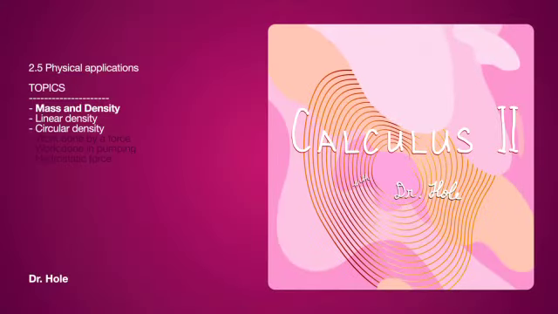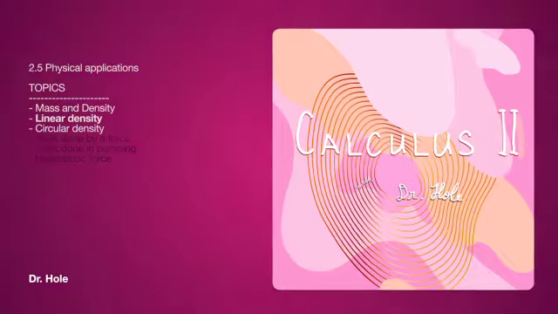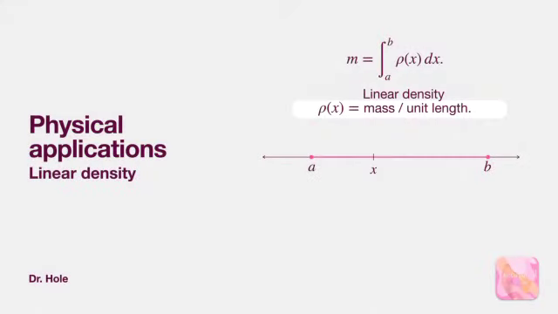So we've shown how, provided a density function, we can recover the mass of that object. The example that we've looked at is using a linear density function.